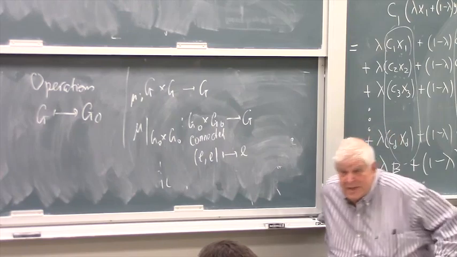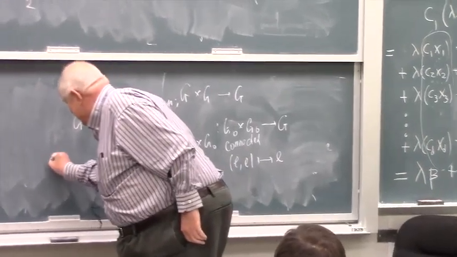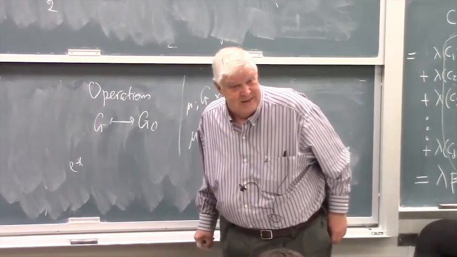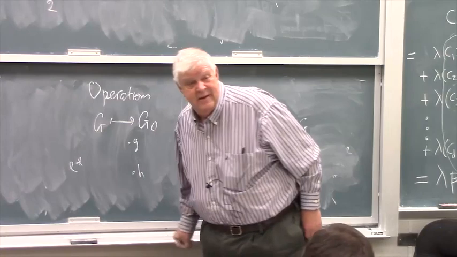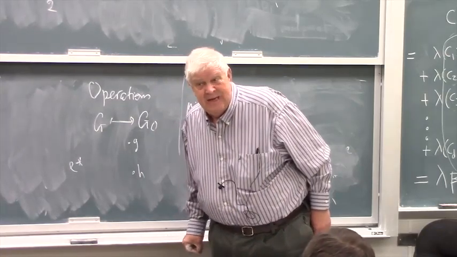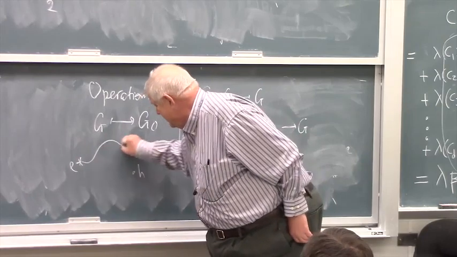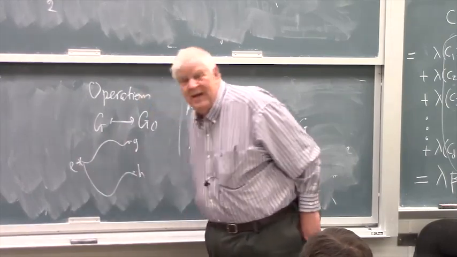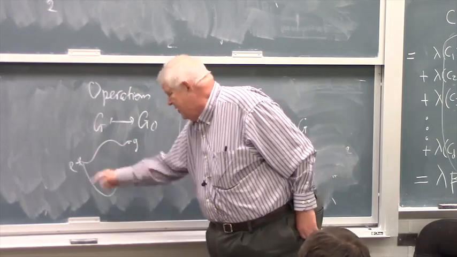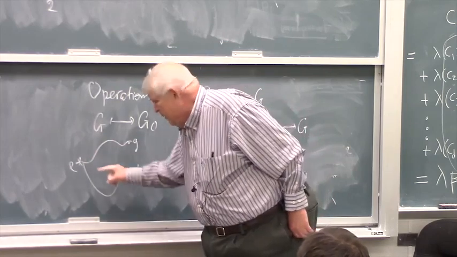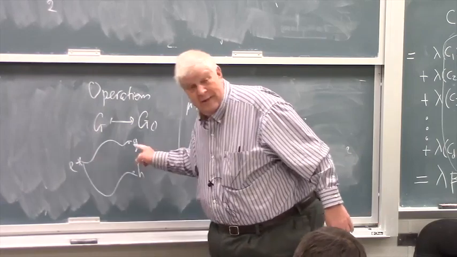A different way to say the same is the following. So this now is the picture. This is e. This is g and this is h. And suppose that they both belong to G0. There are paths which join e with g, e with h. Paths are parameterized curves, parameter from 0 to 1.